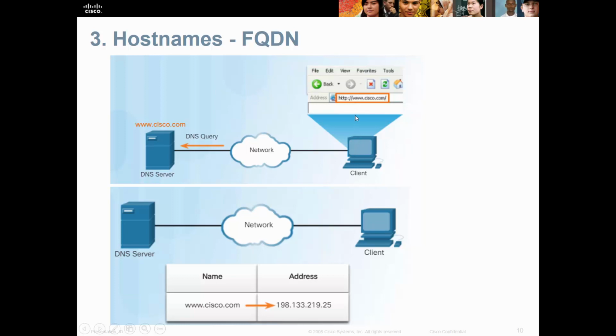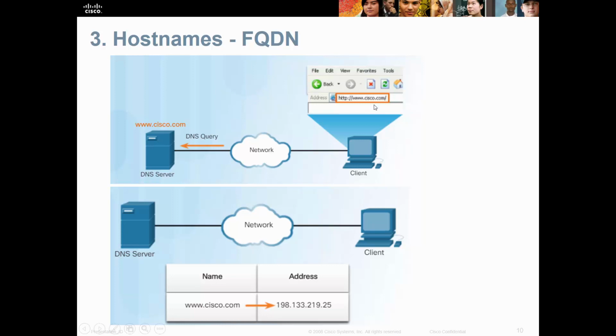For example, this client is trying to reach a device by the name www. www is actually a name of a device. It's a very common name because lots of devices use that name. But that name is unique to each specific network.